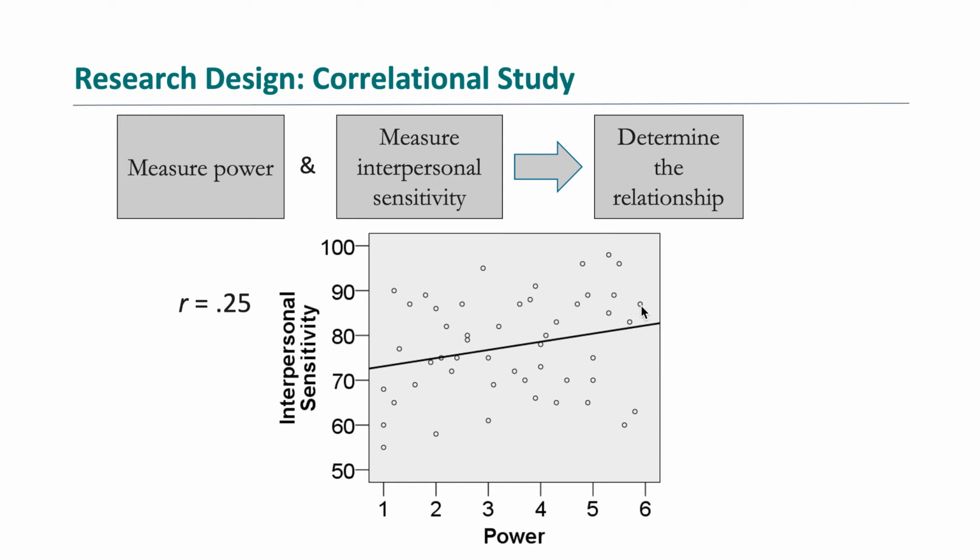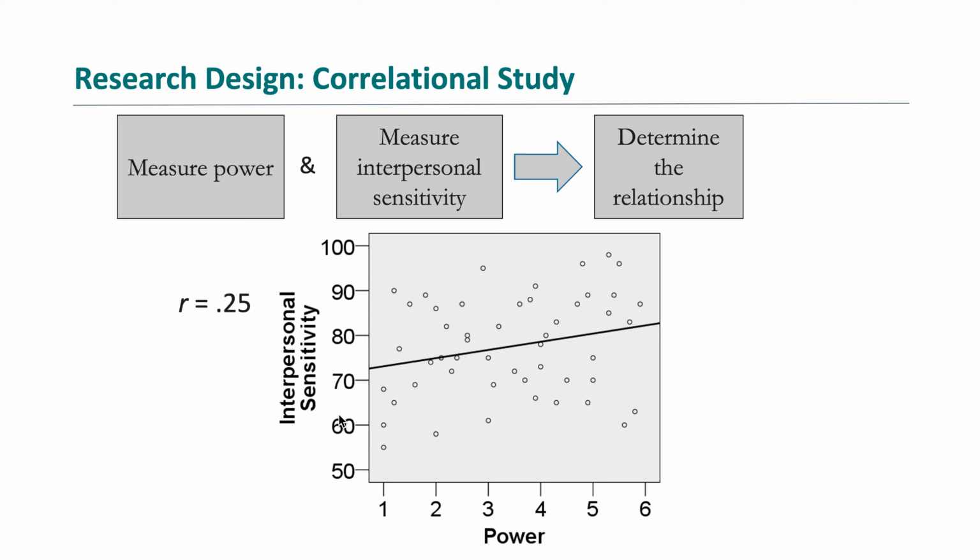So you would put your little plot here. That would be you. And we looked at your roommate, and your roommate says, I don't really feel like I have a lot of power. I'm a 2. But I feel like my interpersonal sensitivity is like a 75. So this would be their plot. And we will look at lots and lots of different people, and eventually we'll have a lot of different dots on the page.